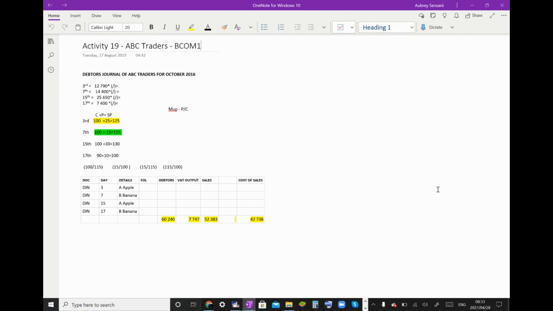Okay. Then we look at the next transaction on the 15th. It says corrected overcharge. Okay. On the 3rd. DCN. Oh my word, what does that say? Duplicate credit note. What is a credit note, guys? You guys did the exercise, right?